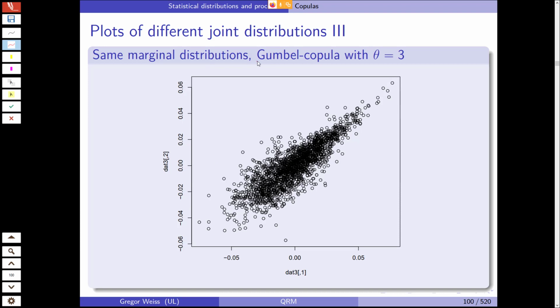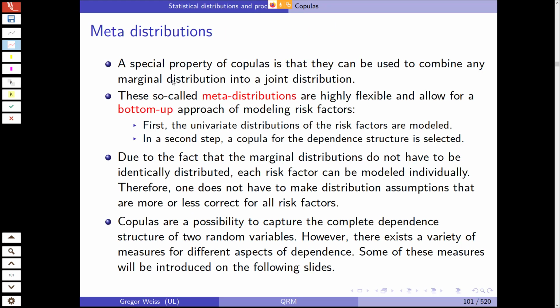We combined them with a Gumbel copula, and I could now call it the Weiss distribution. This is a new QRM distribution. This is the Leipzig distribution. You can see unlimited possibilities of coming up with new meta distributions, and this is why we call them meta distributions. And it's one flexible way in a bottom-up approach of modeling risk factors.